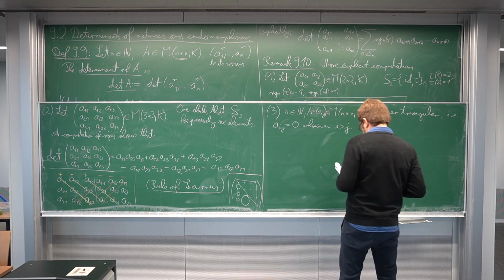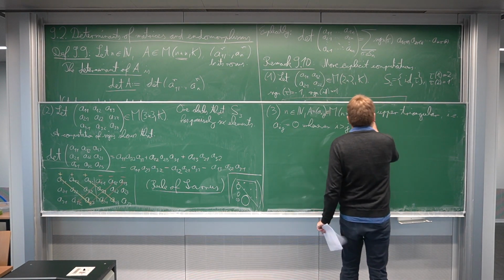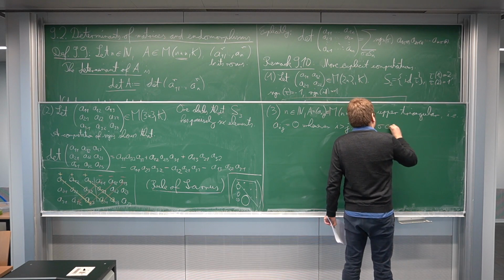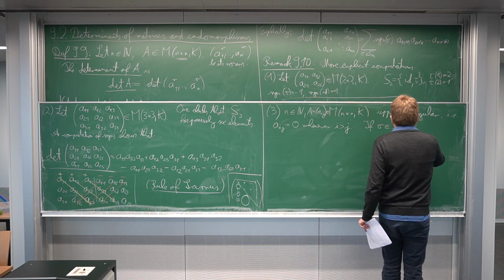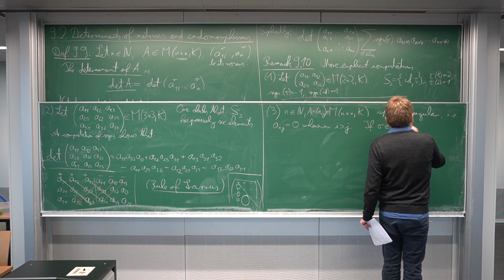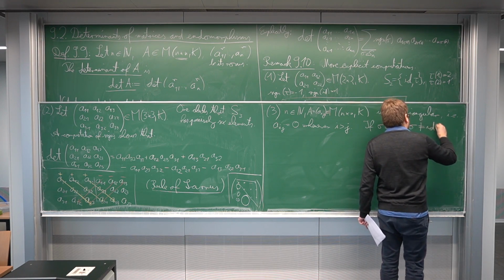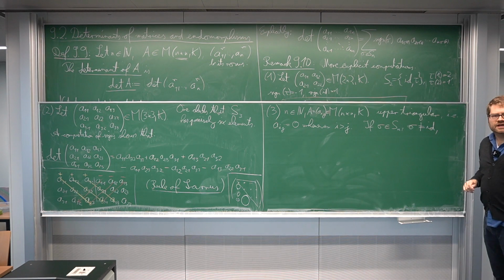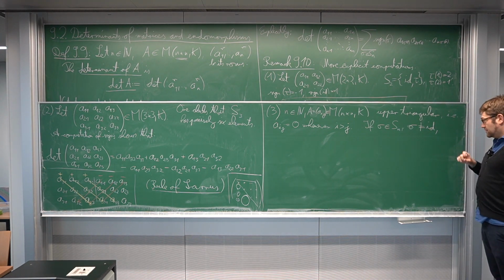Now, why is this interesting? So if sigma in S_n and sigma is not the identity, okay, so we have a permutation which really changes something.